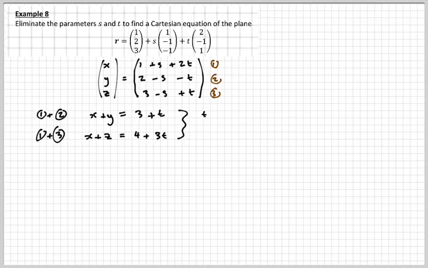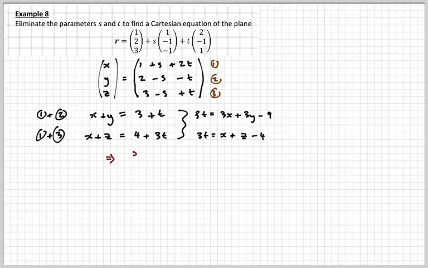If we make t the subject, which one have we done? We've multiplied the top equation by 3 to get 3t equals 3x plus 3y minus 9. Okay? So it's multiplying the first equation by 3 and rearranging. And if we rearrange the bottom equation, we get 3t equals x plus z minus 4.